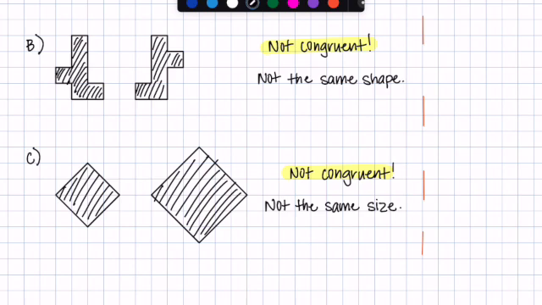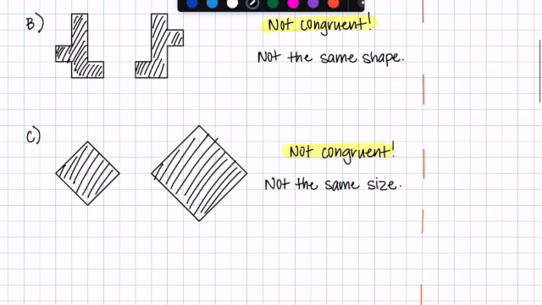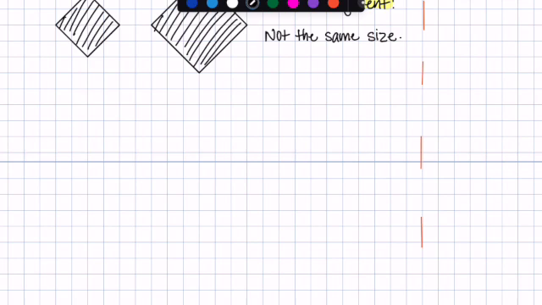All right, so that's one type of example that you're going to see and have to understand how to do. We're going to do one other type of example. This is example 2. And for this one, we are going to determine the transformation.